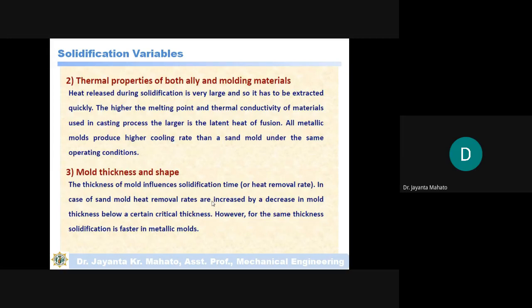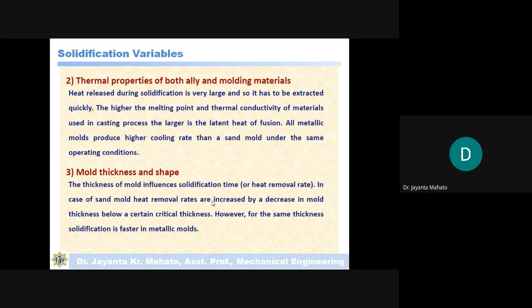Actually, the heat released during the solidification is very large, so it has to be extracted quickly. The higher the melting point and thermal conductivity of the material used in the casting process, the larger is the latent heat of fusion. All metallic molds produce a higher cooling rate than a sand mold under the same operating conditions.